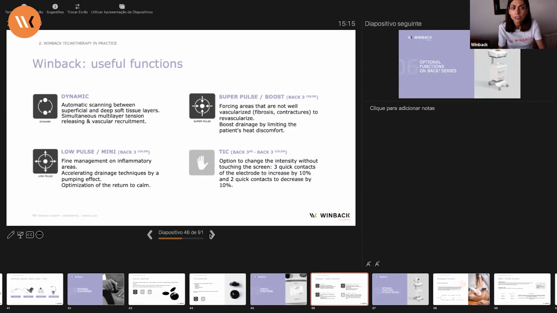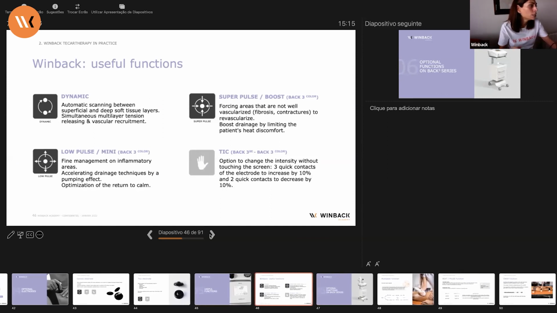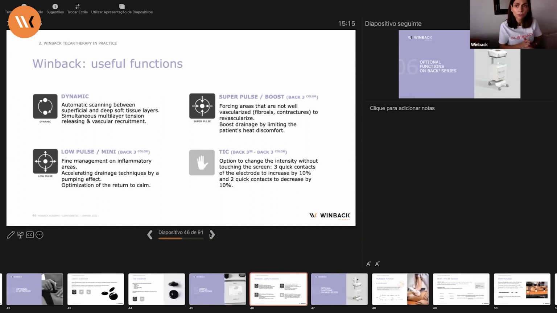Okay, any doubt? No? So, useful functions. Dynamic. What is dynamic? Automatic scanning between superficial and deep soft layers. You choose between set and deep set, the machine chooses automatically, and like that you don't have to worry about the temperature feeling from the patient, okay?